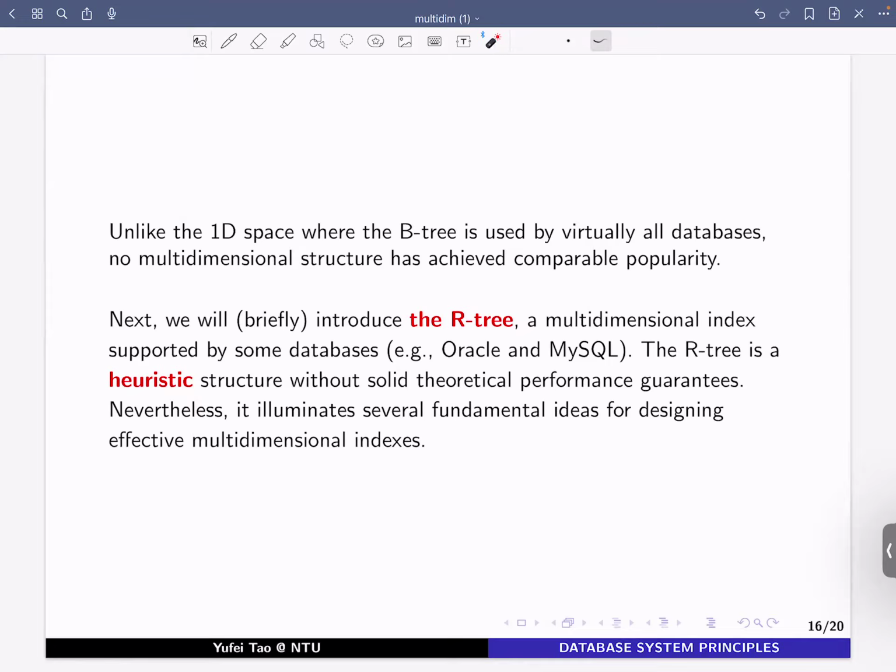At least it makes a good discussion in our lecture because, as I wrote here, it illuminates some fundamental ideas behind how a good multidimensional index should be designed. Okay. So just want you to say the R tree is not supported by every single database system. It's supported by some databases. For example, Oracle and MySQL provide support for it.